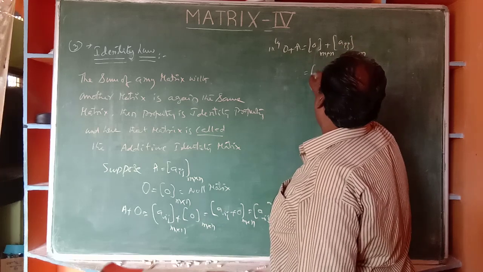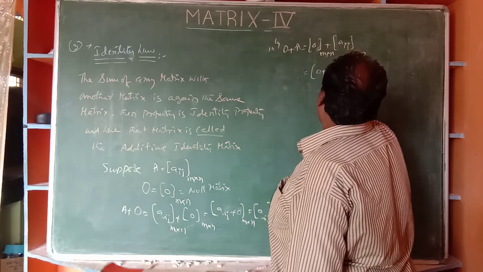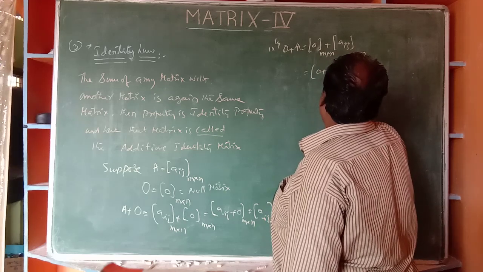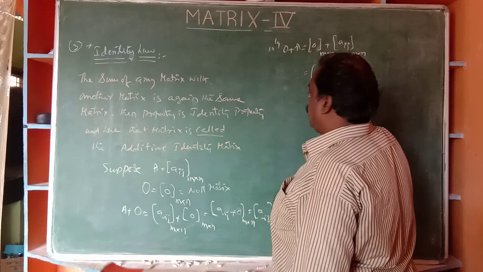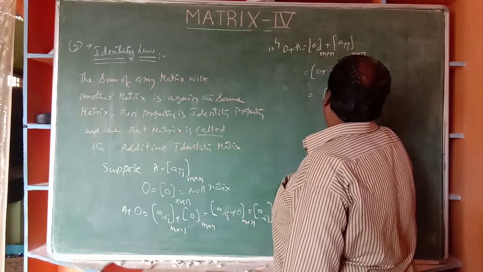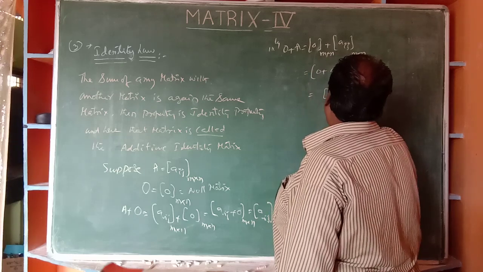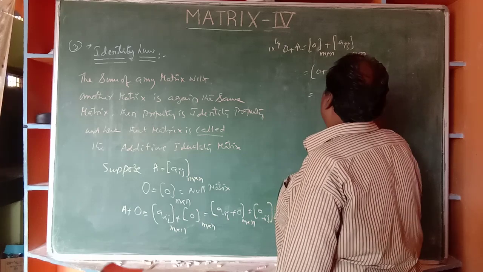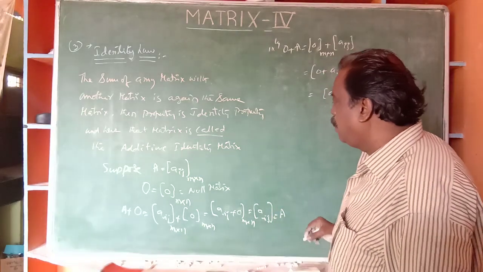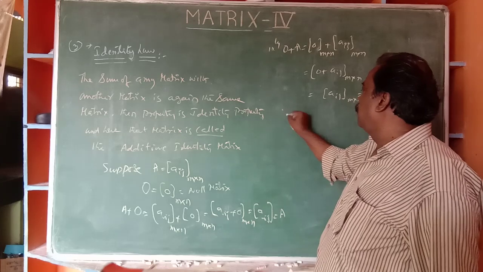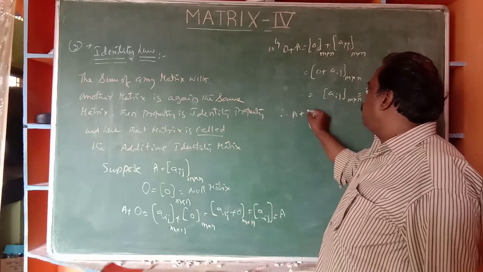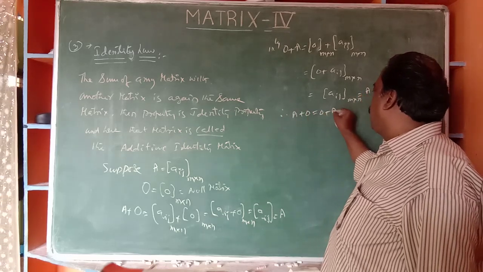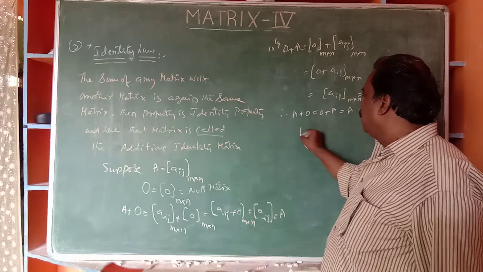It is 0 plus Aij, which is again Aij, equal to capital A. Therefore, A plus 0 is 0 plus A, equal to A.